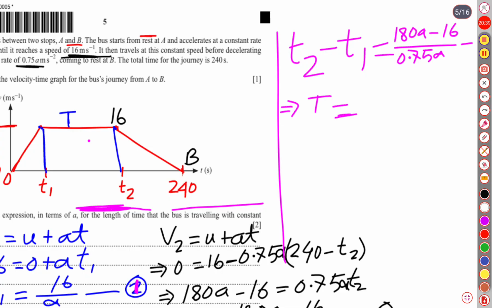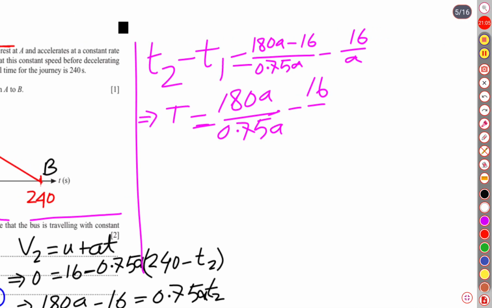Okay, t equal to, if we simplify here, what is it going to be? It is going to be 180a over 0.75a minus 16 over 0.75a minus 16 over a. Well, hence our t is going to be here.